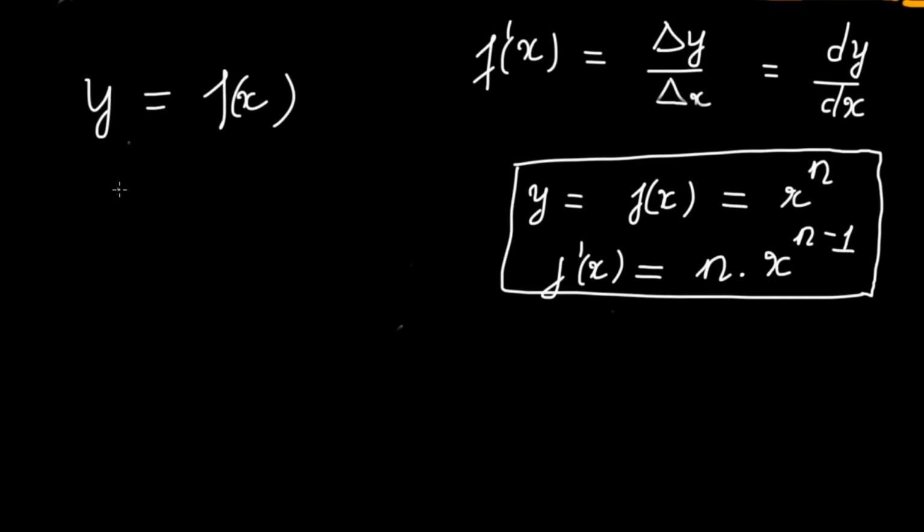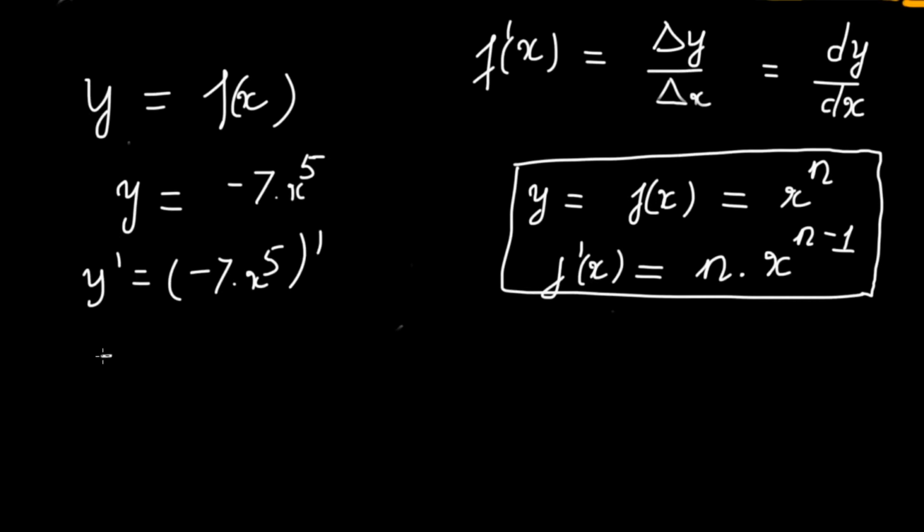Let's try to find the derivative of y equal minus 7 times x to the fifth. y prime equal minus 7 times x to the fifth, prime. Equal, you can see we put negative 7 outside because it's a constant term. And then x to the fifth, and then prime. x to the fifth prime has the form like this, right?